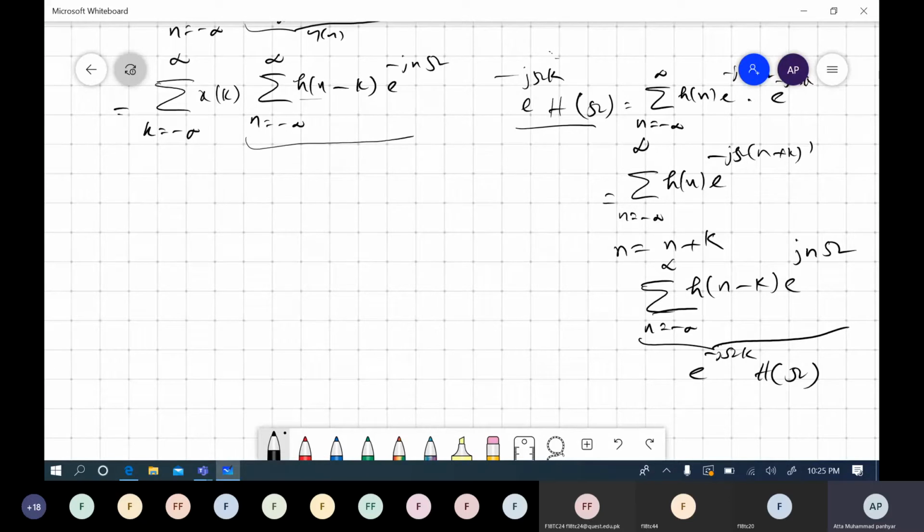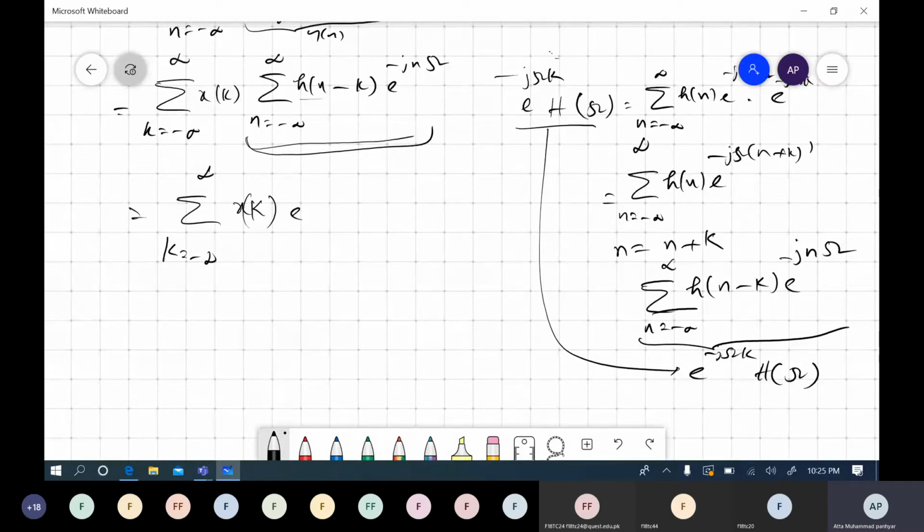These terms are equivalent, so if we replace this, this term and this term are exactly the same, so what we can write now is rewriting this summation as k from minus infinity to infinity, x of k e to the power minus j omega k times H of omega, right?